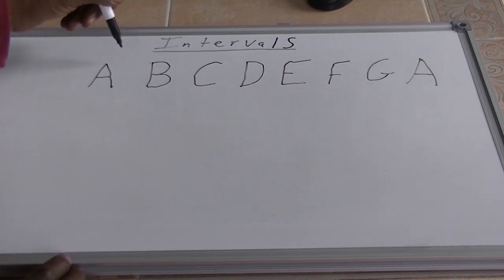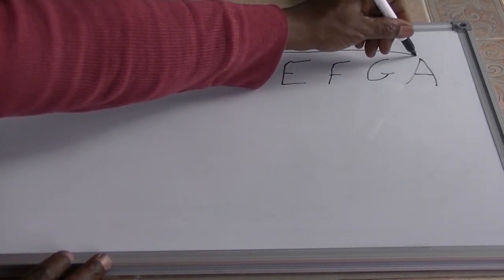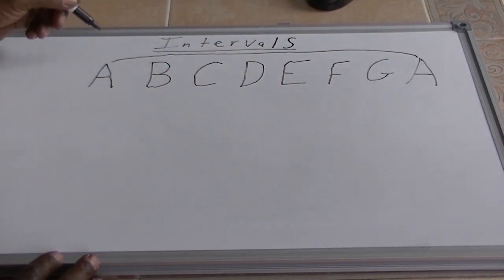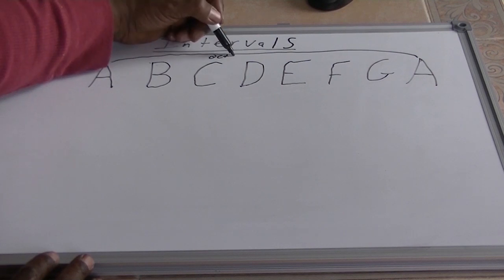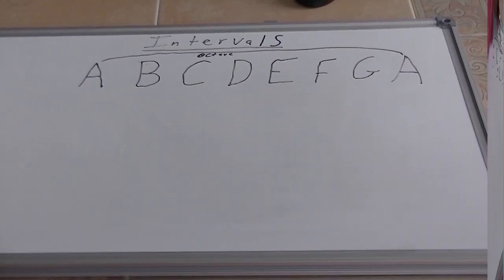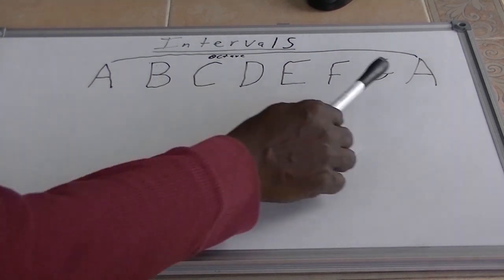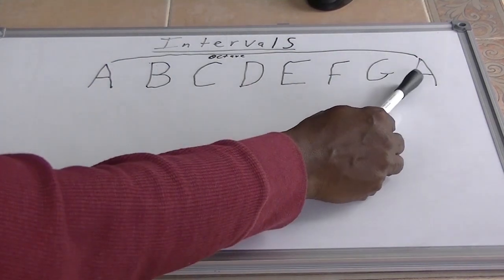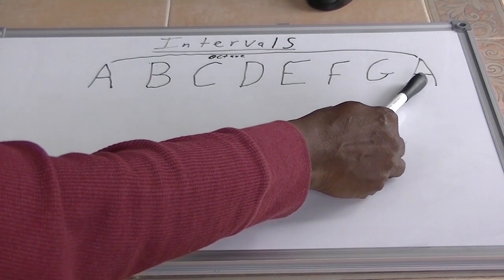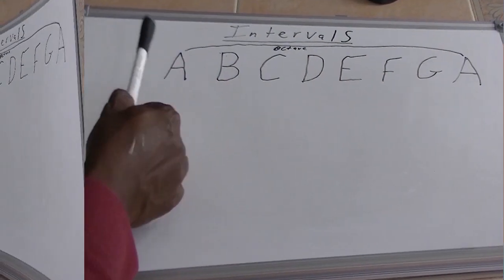So I'm just going to draw a little funky line connecting these two notes, and indicate that that's an octave. The A at this end of the line can be seen as being an octave lower in pitch than the A at the other end. And conversely, if I start at the other end, this A is an octave higher in pitch than this A.